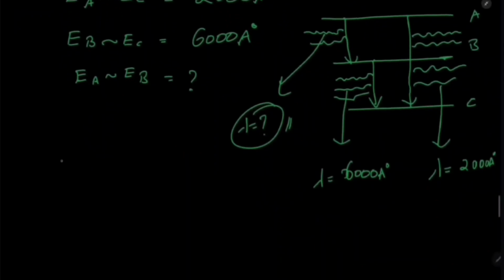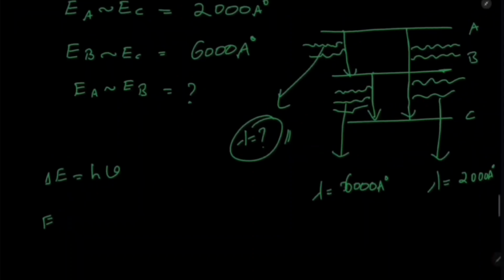We all know that from Bohr's postulates, delta E, which is the energy difference, is always an integral multiple of h mu. Therefore, from this postulate, we are going to find the wavelength of the radiation emitted.